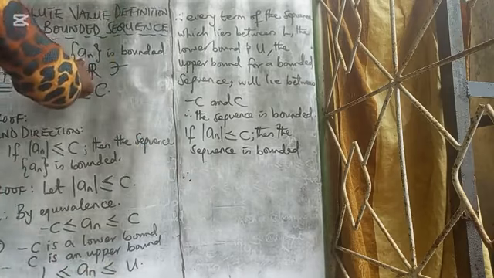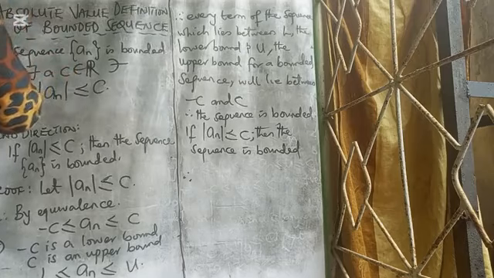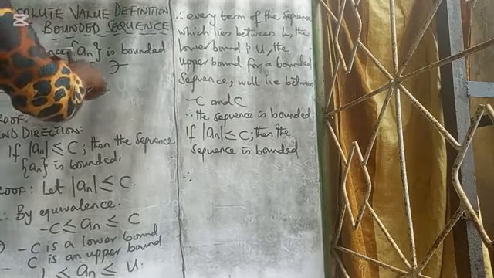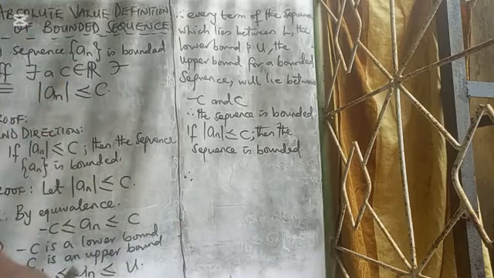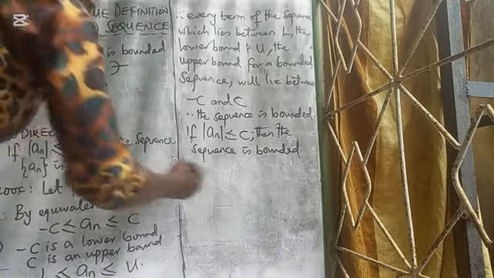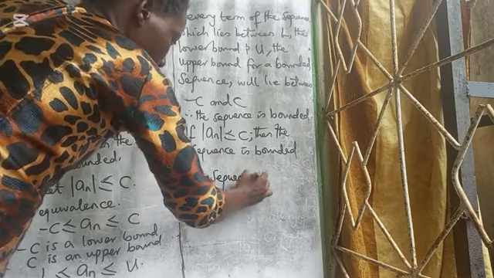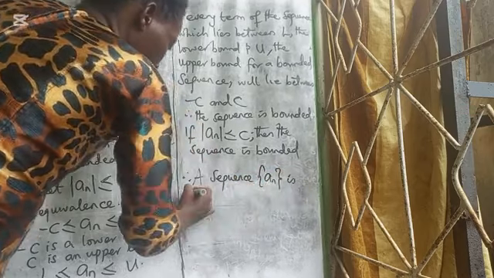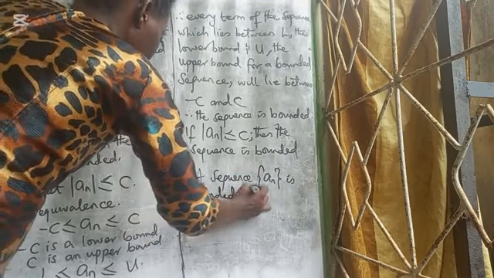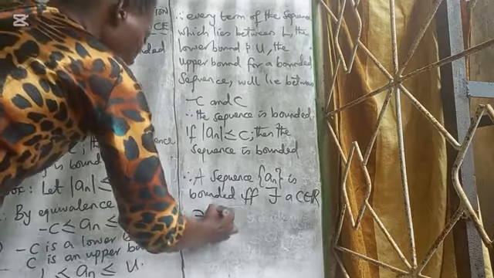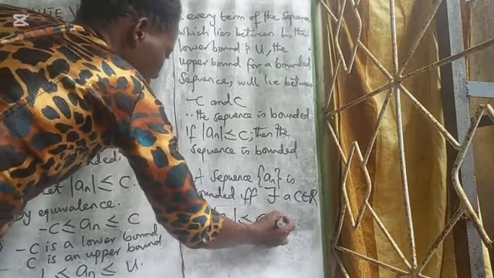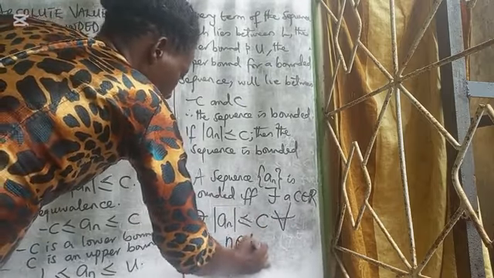A sequence a sub n is bounded if and only if there exists a C contained in R such that the absolute value of a sub n is less than or equal to C for all n in the set of natural numbers. And that is the proof.